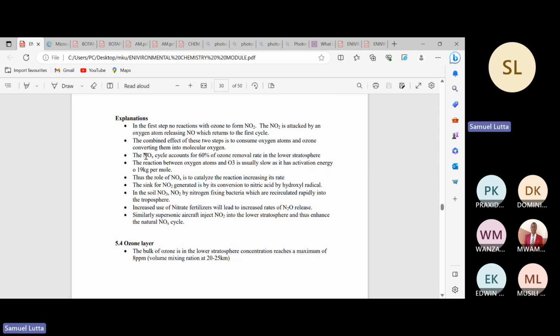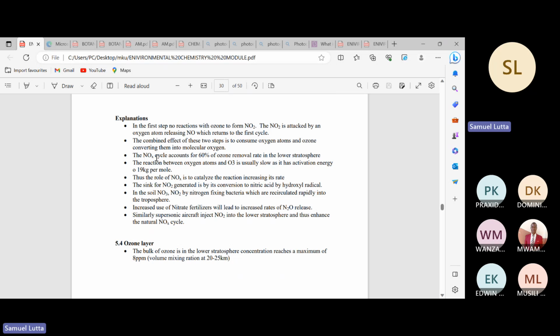So what is happening is that in the reaction that we saw up there, you can have atomic oxygen combining with ozone to form molecular oxygen.